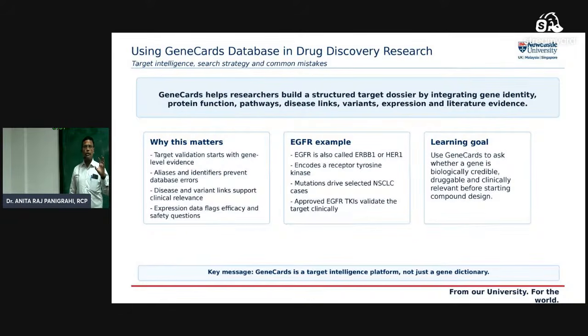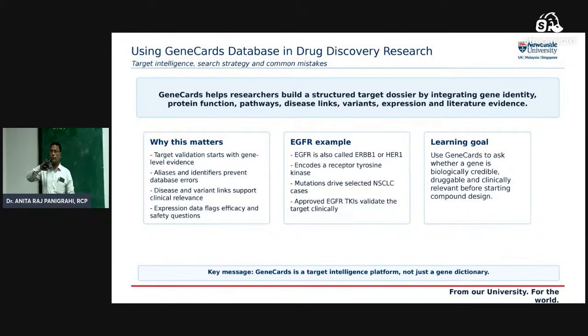Then you need to see whether the active domain has a space or not. And in that space, you can see whether you can put a molecule. That is called druggable. All proteins are not druggable. That's why for some diseases there are no medicines at all, because those proteins are not druggable.